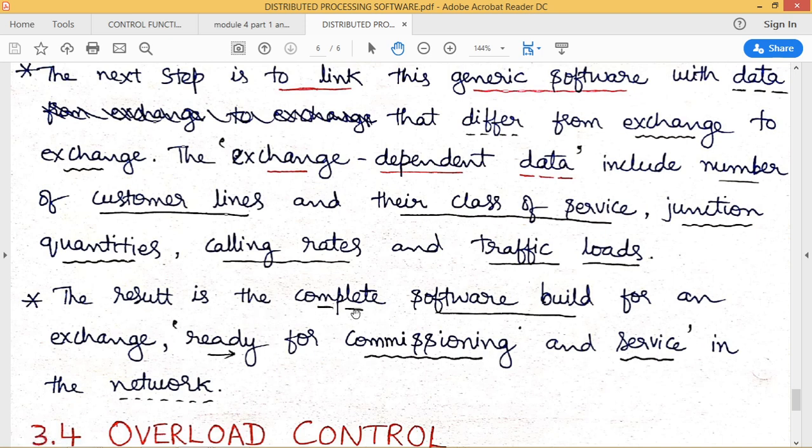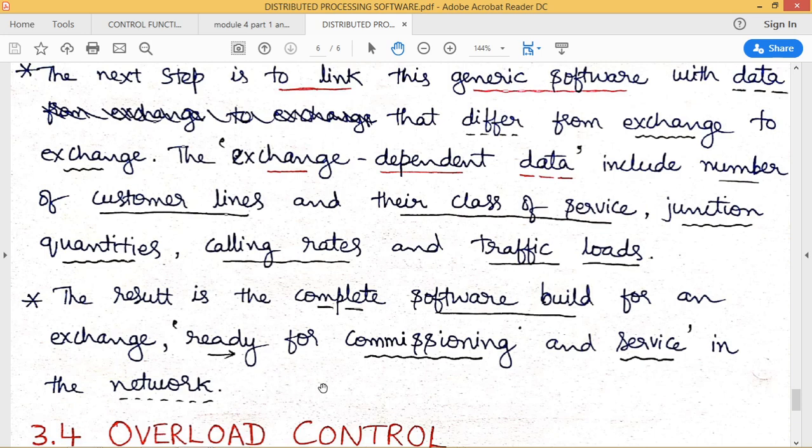So the result is the complete software build. Once we have done those two steps, the complete software will be built for a particular exchange, and now the switching system, that is the exchange, is ready for commissioning. So it is ready for operation and service for a particular end user in the network.